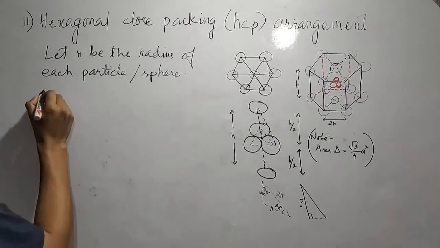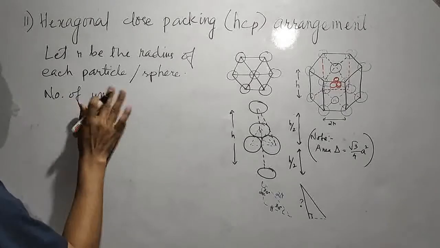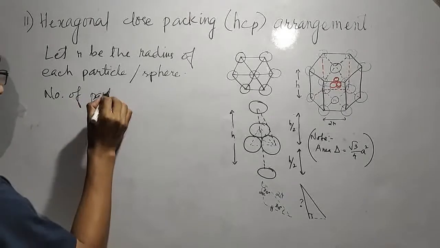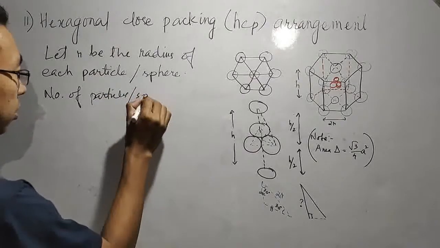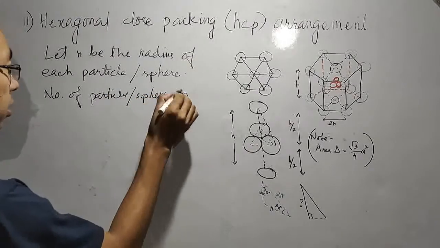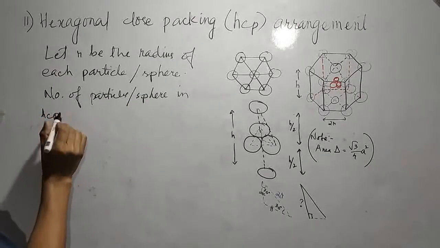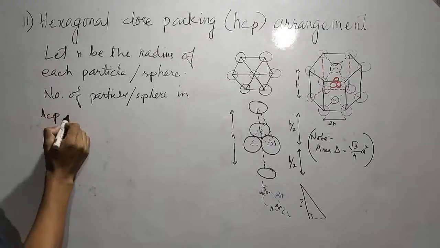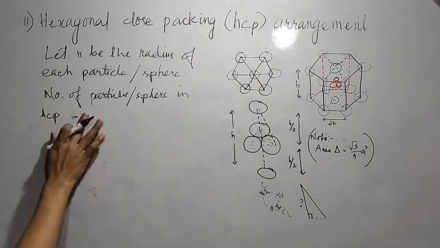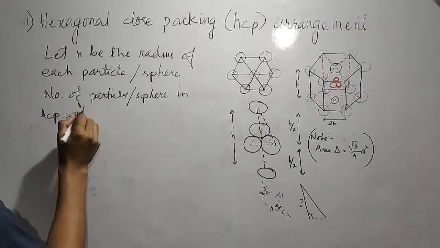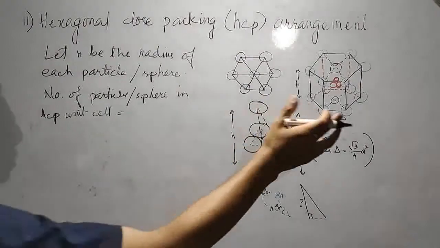So the number of particles or spheres in an HCP unit cell will be equal to, let us see here.